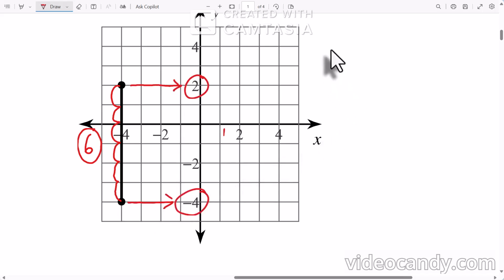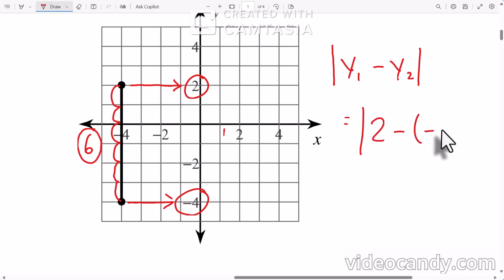So it would just be the absolute value of y1 minus y2. And that would just be the absolute value of 2 minus -4. Two negatives in a row make it positive. And 2 plus 4, of course, is 6. And the absolute value of 6 is still 6.